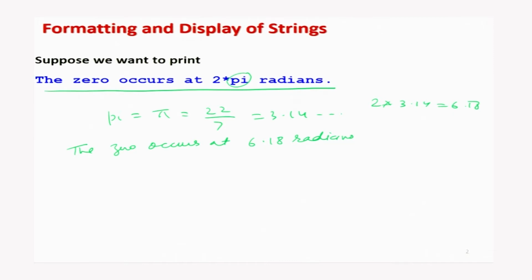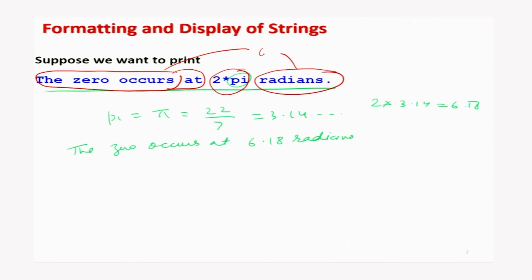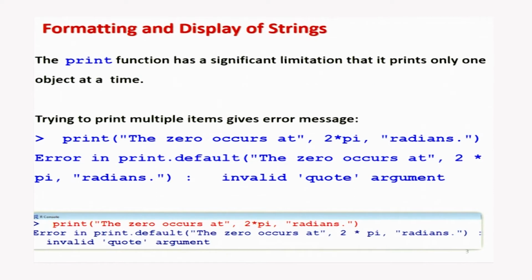Now I try to use the print command here. I can also use my R knowledge to divide this sentence into parts: the first part is character, then a mathematical part, and then a character part again. So the first and third parts are characters, and twice of pi is mathematical. From my past knowledge I have to give the characters inside double quotes and the mathematical operation just like that.